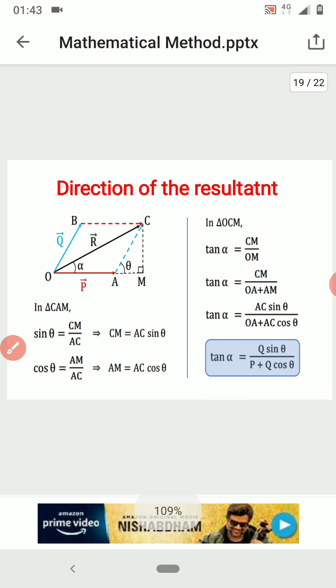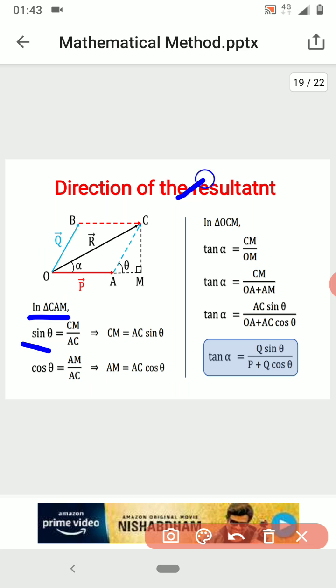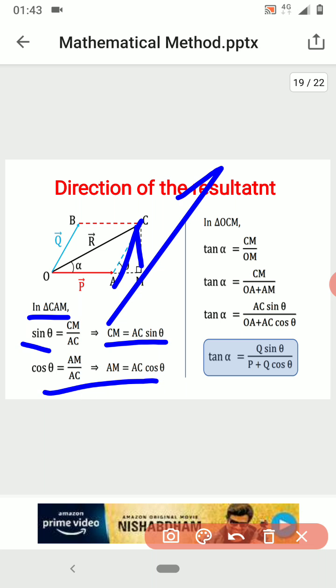One can also find the direction of the resultant, and for that you require tan alpha. First of all, find sin theta. For this triangle, sin theta is equal to CM, the opposite side, upon hypotenuse AC, so CM is equal to AC sin theta, and AM is equal to AC cos theta.